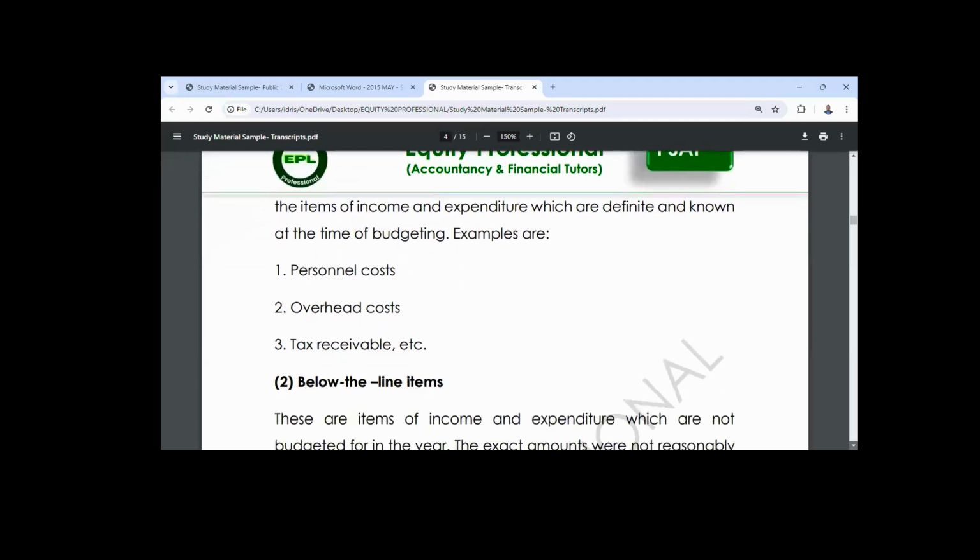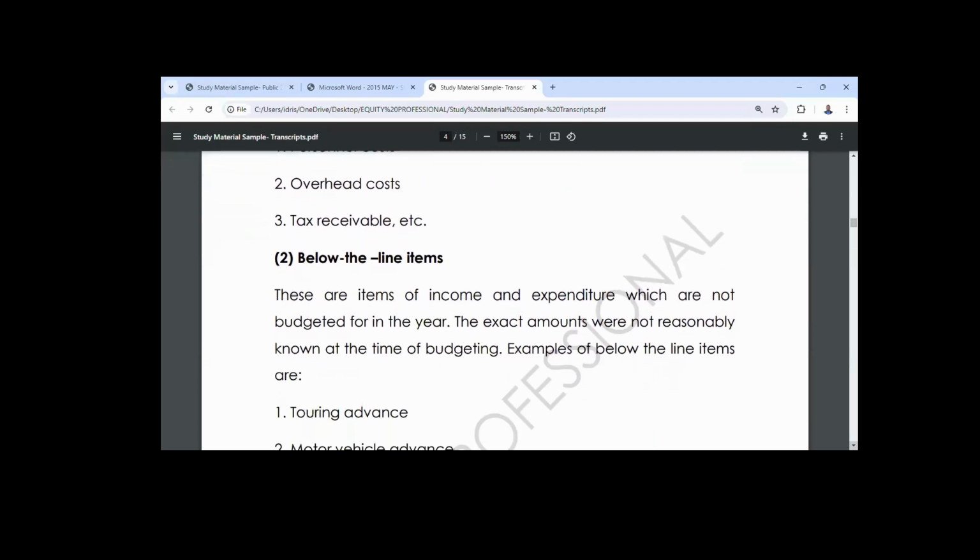Below the line items. What are the below the line items? They are the items of income and expenditure which are not budgeted for in the year.